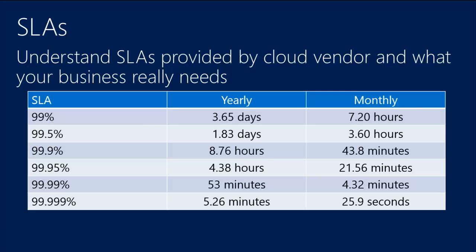So it's very important to read it, and it's very important to understand it. If we have a yearly SLA or a monthly SLA. For example, Windows Azure has monthly SLAs.